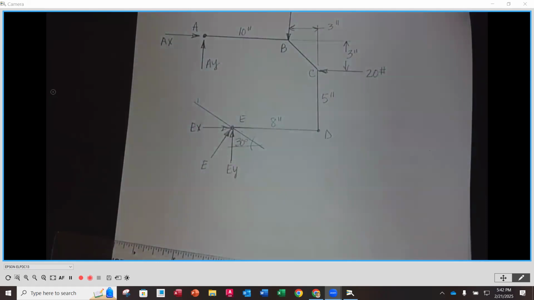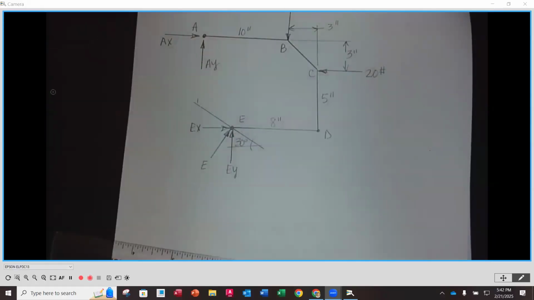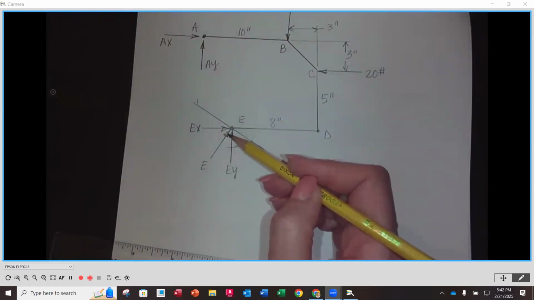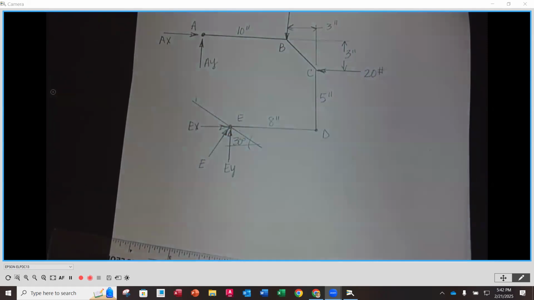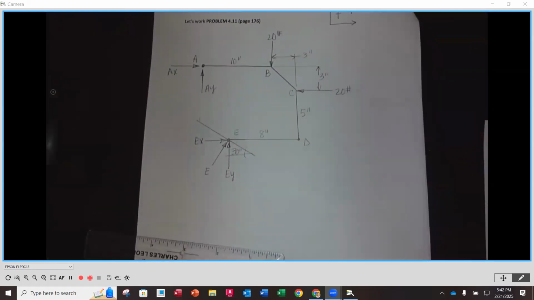Now, if you're not sure which way E is going to go, and I'm not, it could point towards or it could point away. Just make sure that your X and Y components go along with whatever direction you've chosen. So I like to say it out loud and say, oh, I have my E going up and to the right. That means that my Y has to go up and my X has to go to the right. So I'm going to assume that direction for right now. And again, even if I'm wrong, I will figure that out a little bit later, but at least I have the right amount of supports that are needed, okay?